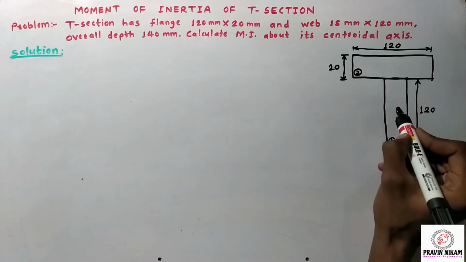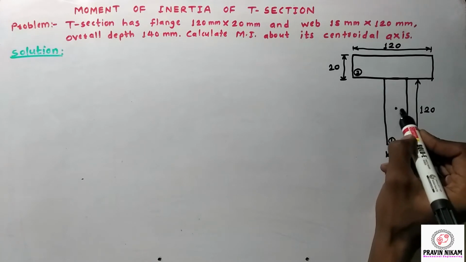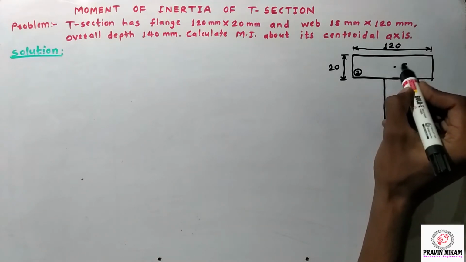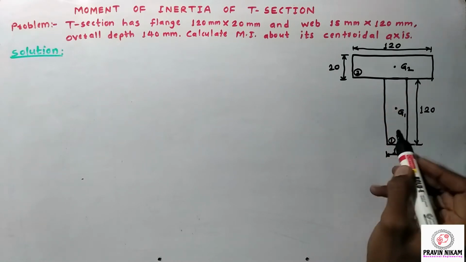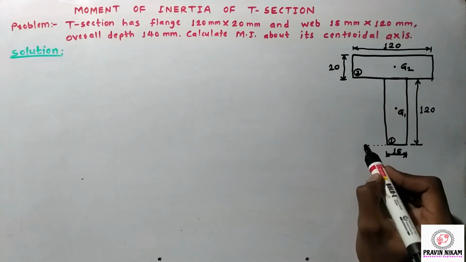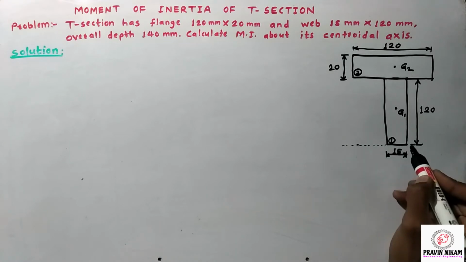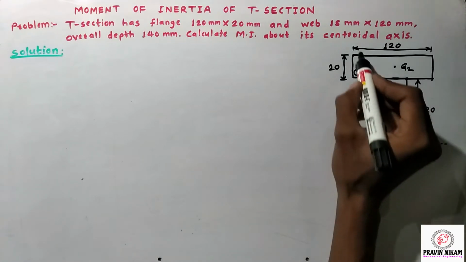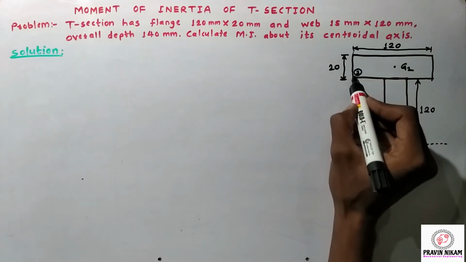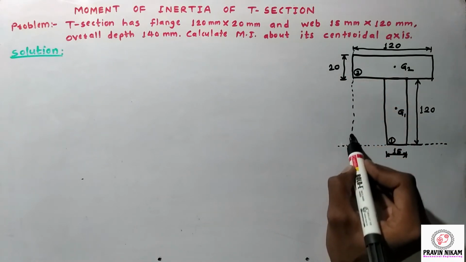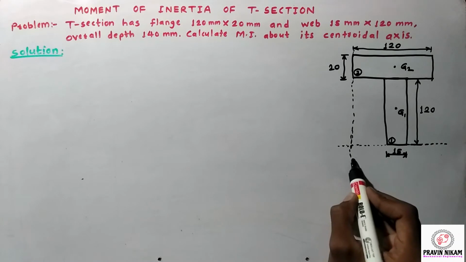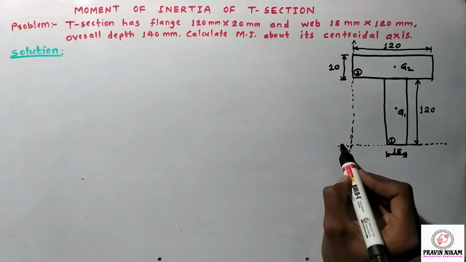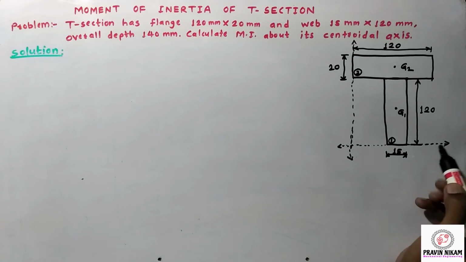Section 1 has centroid G1, section 2 has centroid G2. Now draw a line at the bottom, this is our horizontal reference axis, and one line at the left end of the section, this is our vertical reference axis.